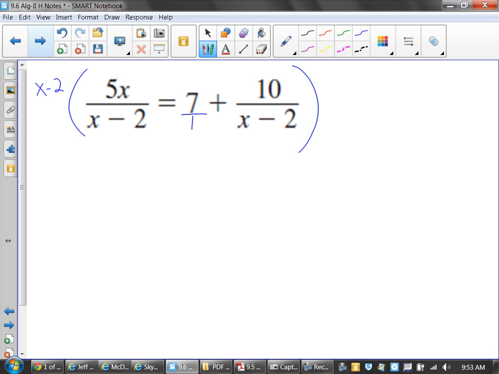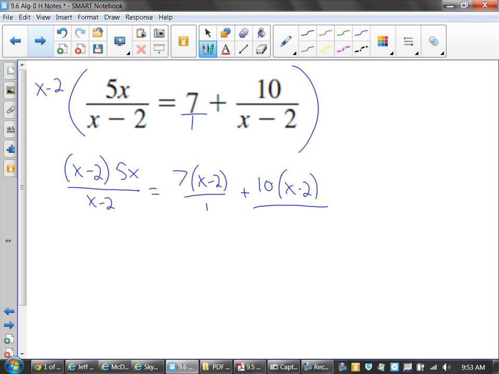I'm going to show you the long form once again. I'm going to distribute to all 3 parts. X minus 2 times 5x over x minus 2 is 7 times x minus 2 over 1 plus 10 times x minus 2 over x minus 2.